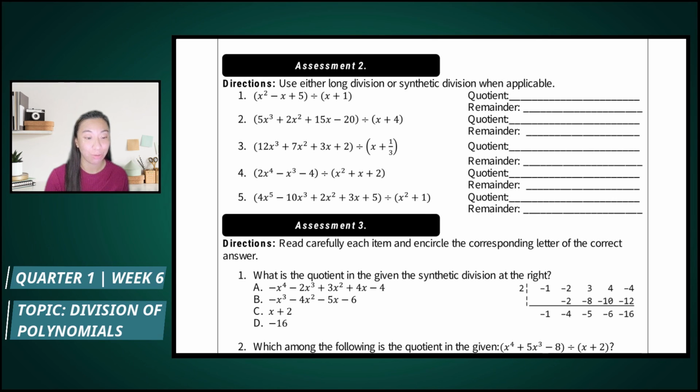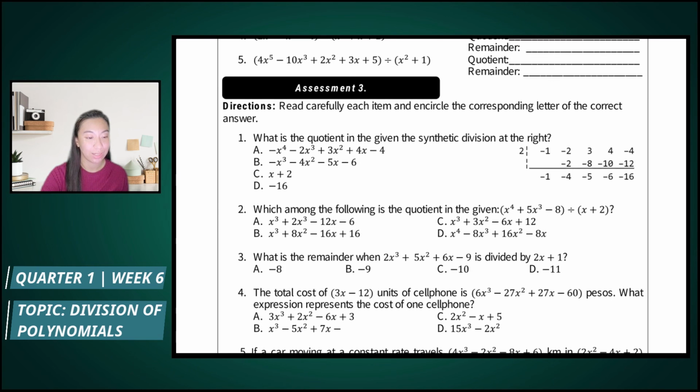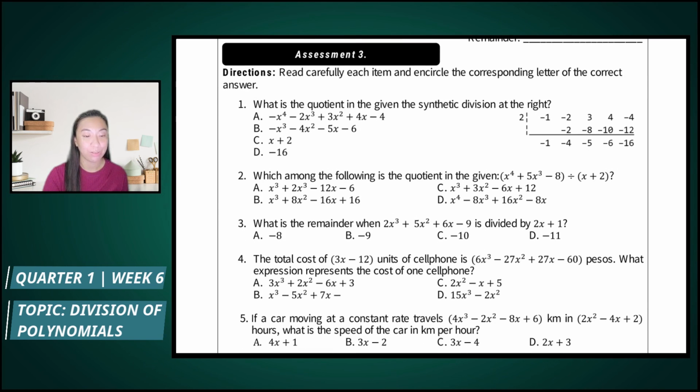Okay? And then, of course, after solving that, you're going to write your quotient and remainder. Okay? So, that's 5 items. And for assessment number 3, you are going to choose which among the choices is the correct answer for the following question. So, just write the letter of your choice.